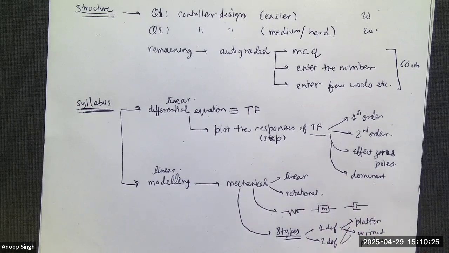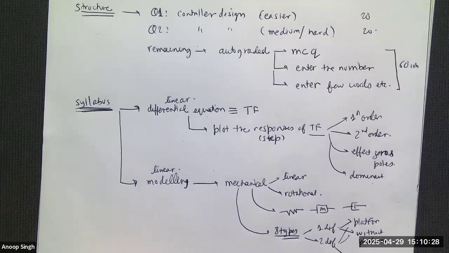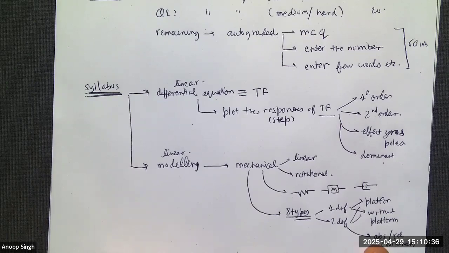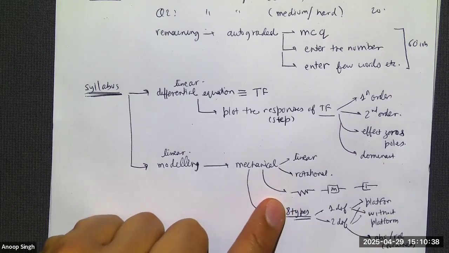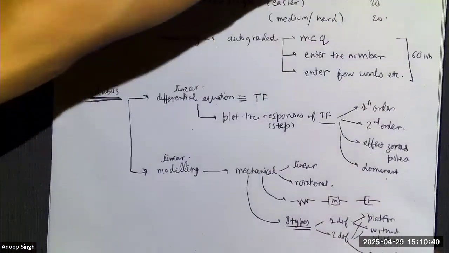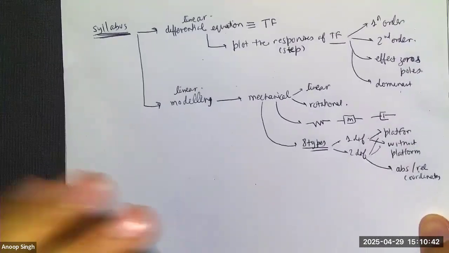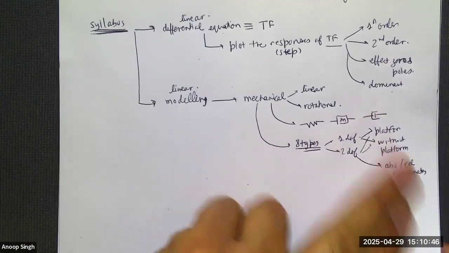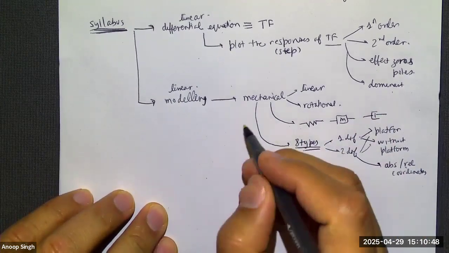And especially for the 2 degree of freedom system, we talked about doing this problem with the absolute or relative coordinates. So that's the stuff from before. We did 8 types of mechanical problems. And of course, I'm not going to give you anything more than that. All the problems I'm going to do will be combinations of just these 8 problems.